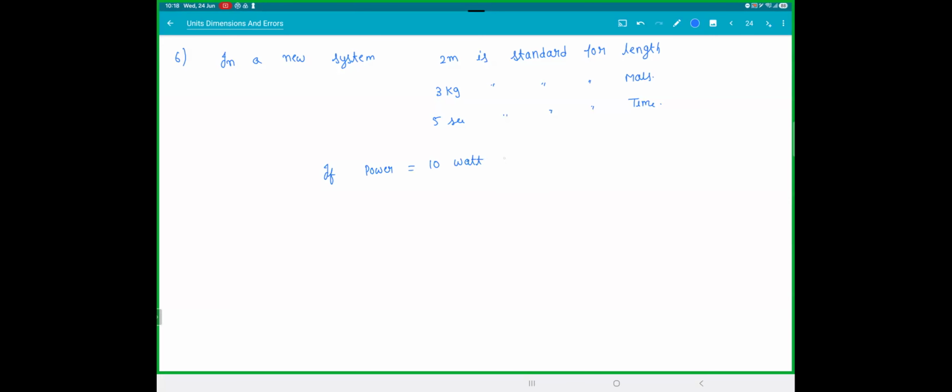Find the power in the new units. So in the new units, you have your new unit called watt dash. Again, the chocolate cake example. First you need to figure out 1 watt will be how many new units, and then we multiply with 10. Give it a try.